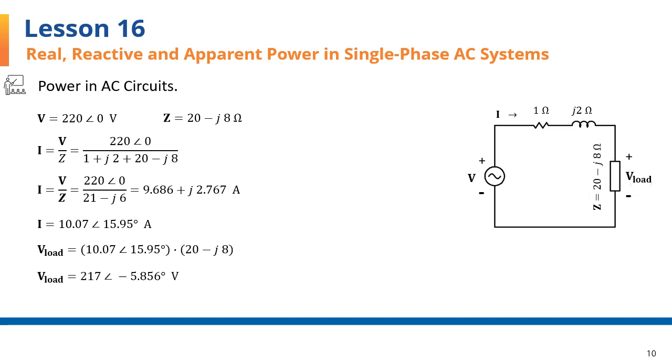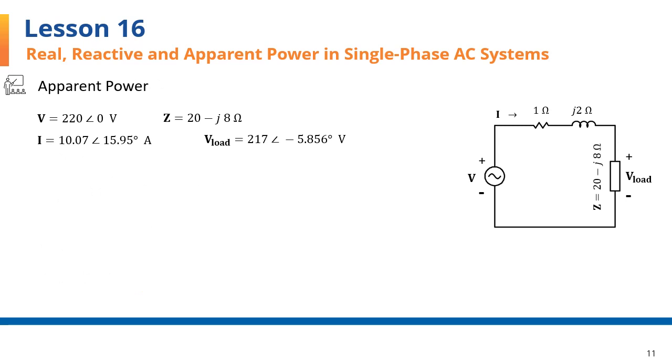And load voltage comes to 217 volts with negative 5.856 degrees as its phase angle. Here are the load voltage and current for our later reference.